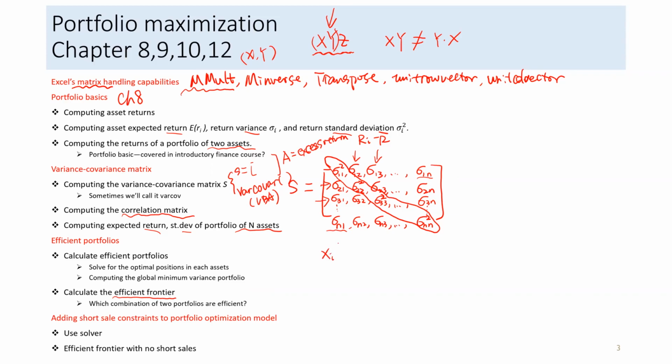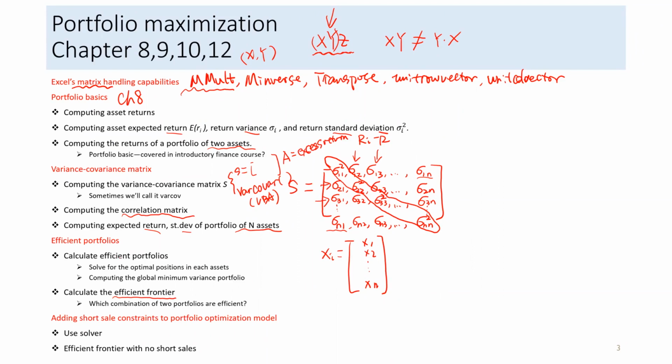So x represents the weight: x1, x2, xn. We can manually come up with all these weights, but those portfolios will not be optimized. So to solve for an optimized portfolio, we have to solve for the tangency portfolio given by a certain constant. I'm going to show you later.